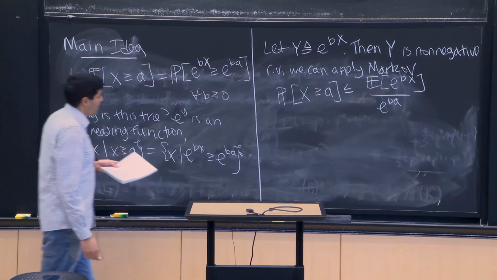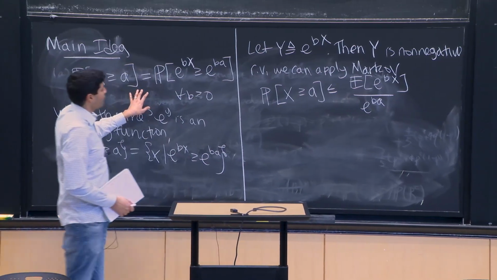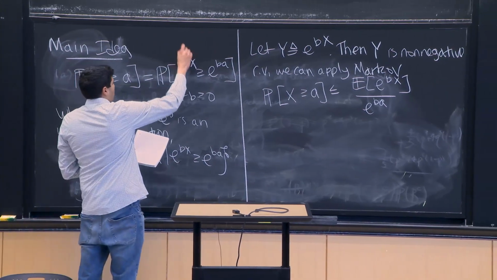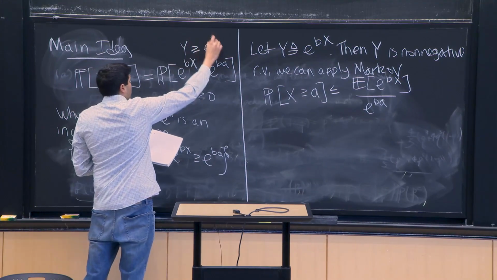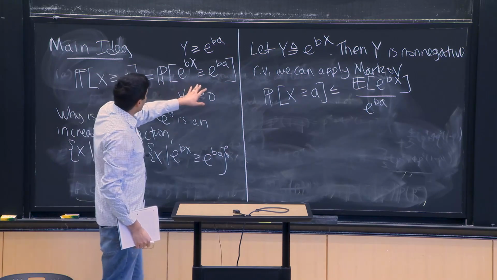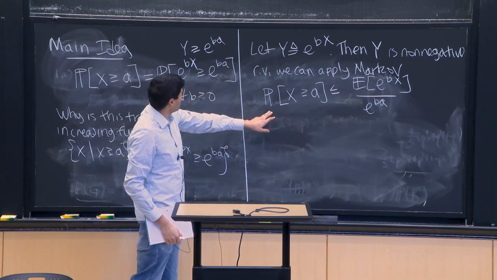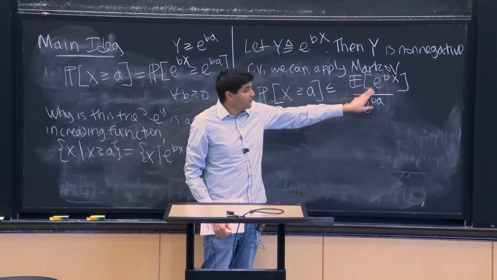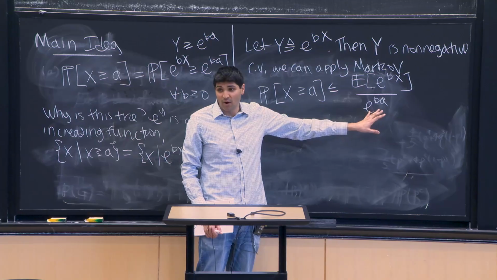What this is doing is I'm just using two facts. First of all, this one right here is just the probability that y is at least e to the ba. And I'm using the fact that if I had the probability of y at least e to the ba, this would be my expectation of y. This would be my threshold, so this is just Markov.